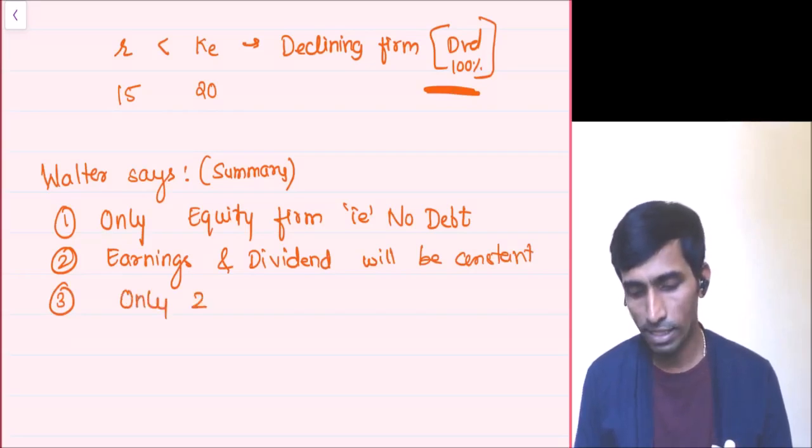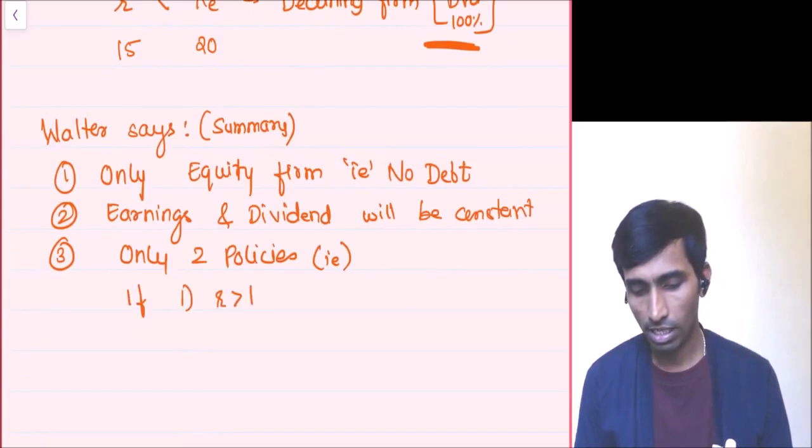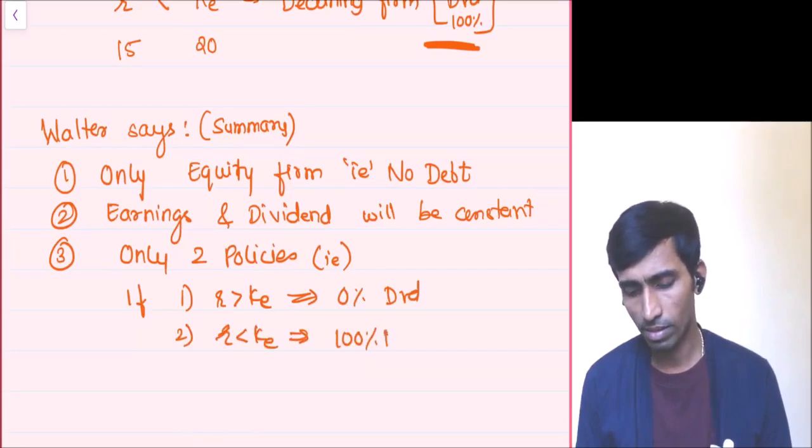Only two policies: if R is greater than KE, 0% dividend; if R is less than KE, 100% dividend. Please write this.